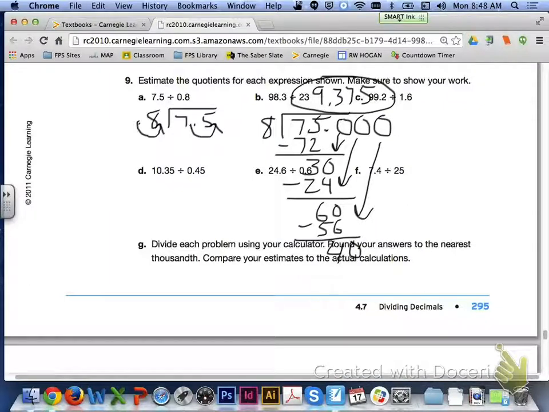When I subtract, I get 6. Bring down a 0. 8 goes into 60 7 times. When I subtract, I get 4. Bring down my 0, and 8 goes into 40 5 times. This is a terminating decimal, so rounded to the nearest thousandth, my answer is 9 and 375 thousandths.